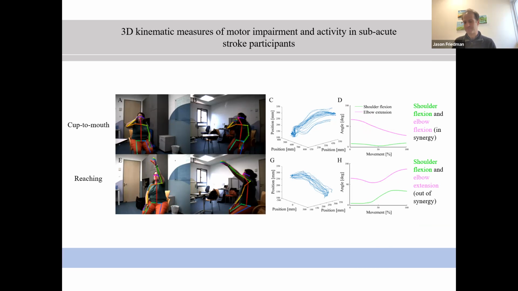And have you tried looking for synergies in the usual definition, using non-negative matrix factorization or some other technique, principal component analysis, to find synergies in the data to see if that's one of the reasons why you see the differences between different groups? Are you talking about more complex analysis models?